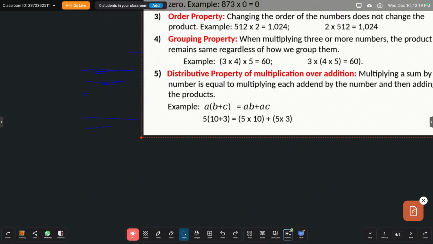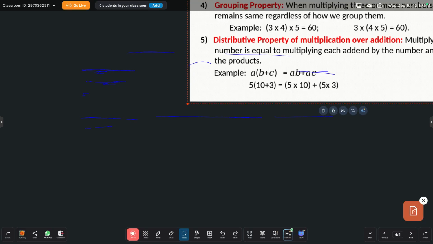What does this mean? If I write 2 into 3, what is 2 into 3 equal to? It is equal to 6. What if I write 3 into 2? It's again equal to 6.